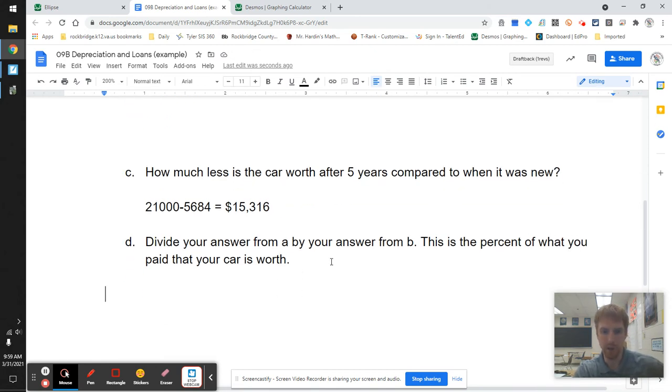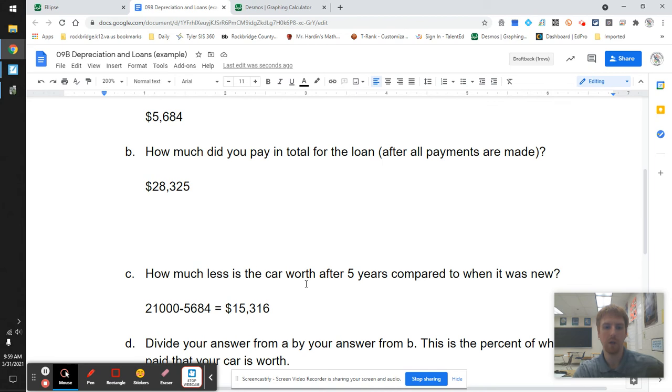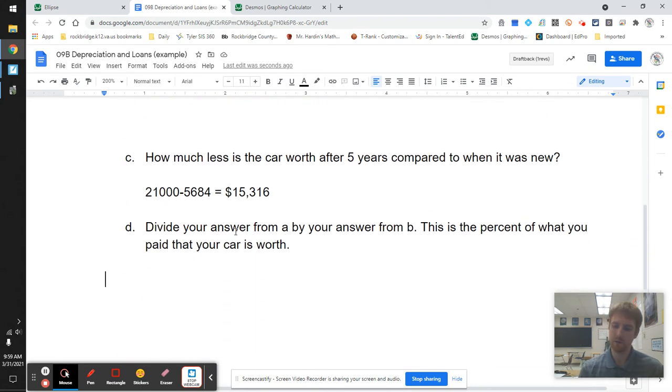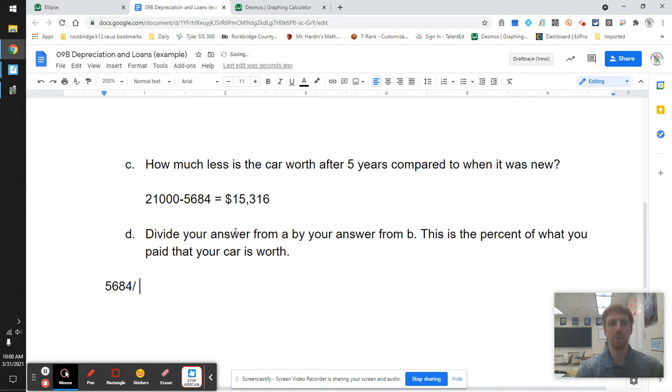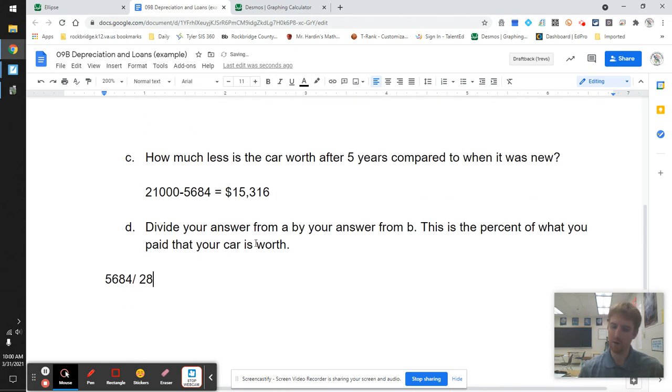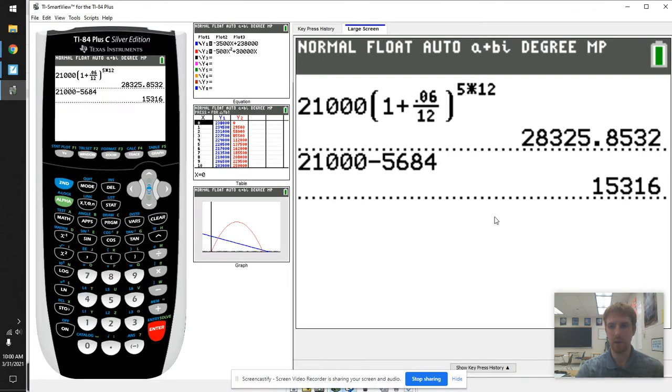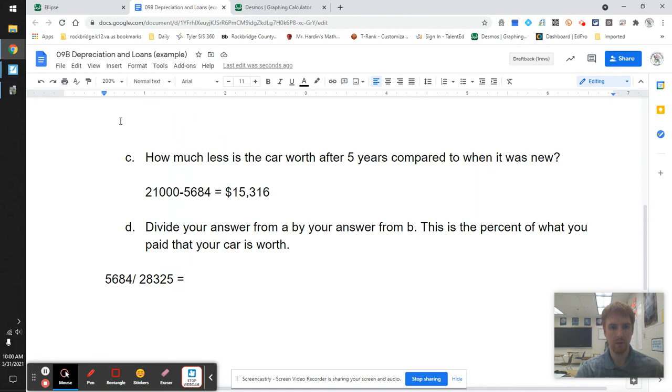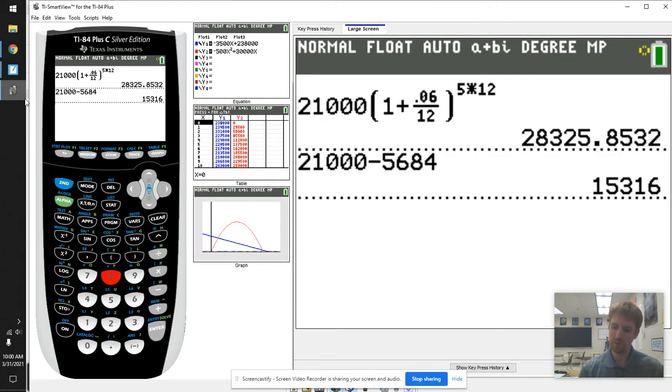Divide your answer from A by your answer from B. This is the percent of what you paid your car is worth. We'll follow the directions and we'll talk about it. Divide your answer in A, 5,684, by your answer in B, 28,325. See what you get. 5,684 divided by 28,325.